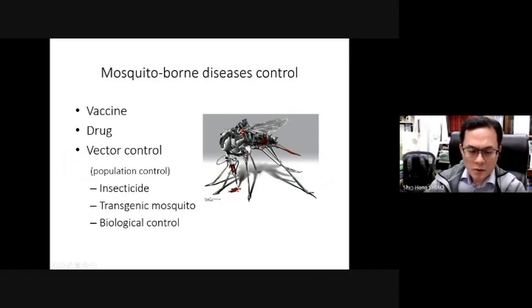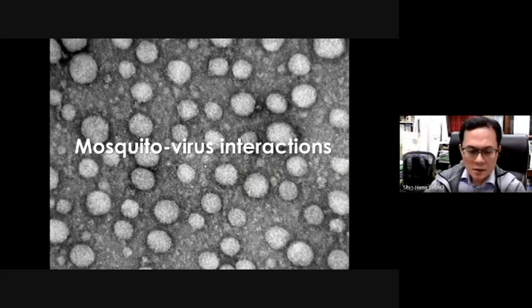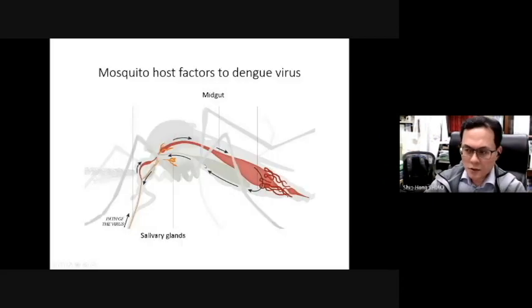To support these novel approaches, a thorough understanding of mosquito-virus interactions is still essential. Our study is mostly focused on this issue, the mosquito-virus interactions.